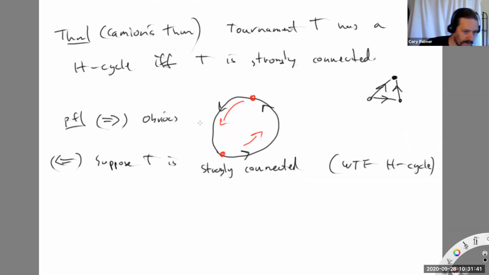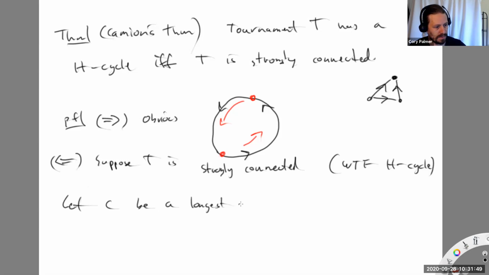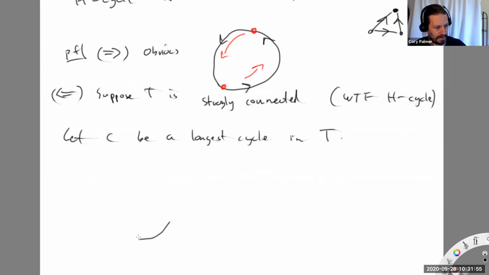All right, so let C be a longest cycle in T. Here's C. And again, it's directed, because that's what cycle means in a digraph.